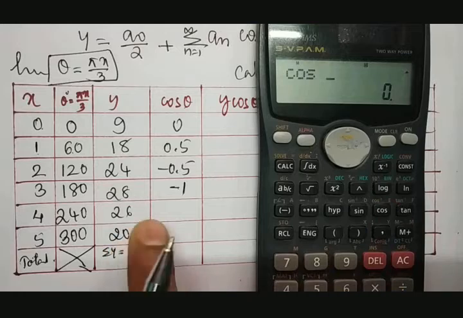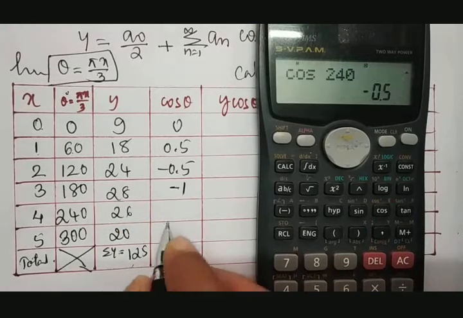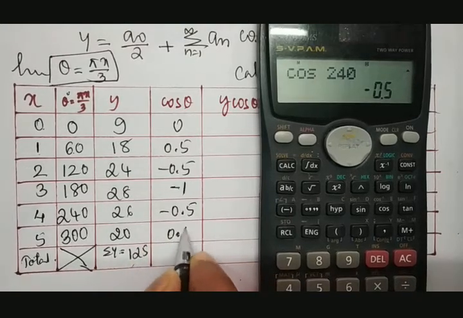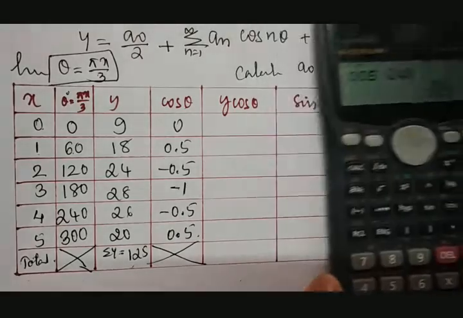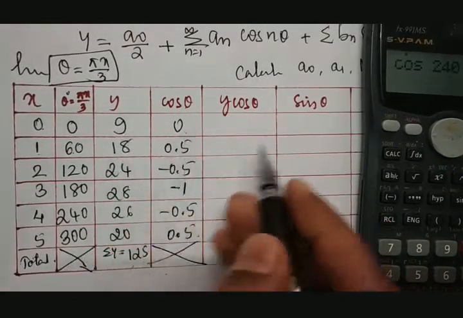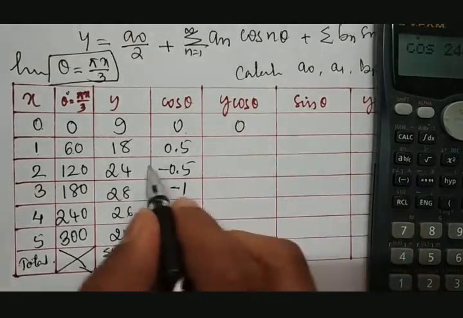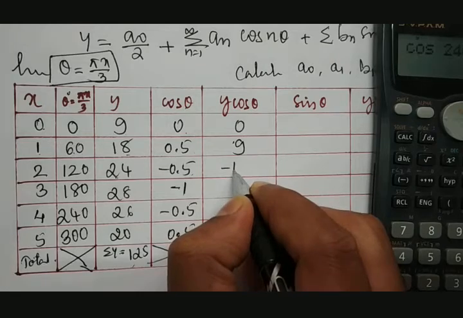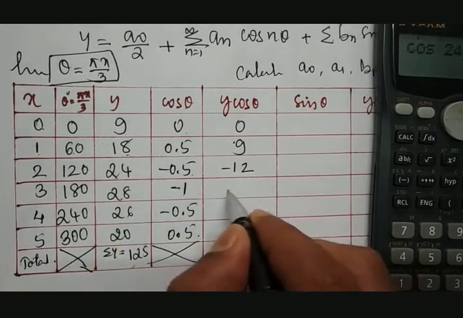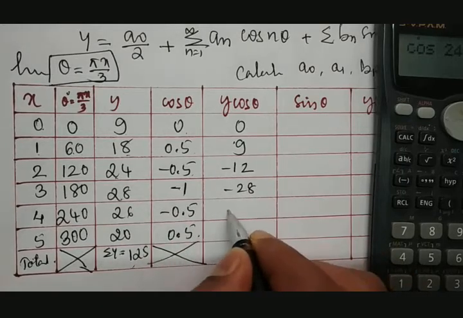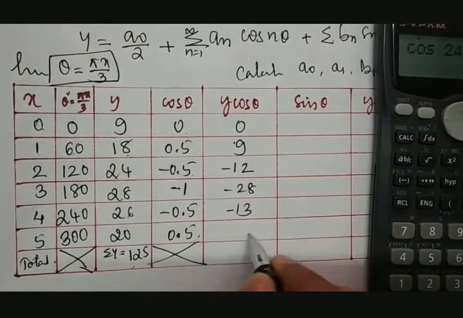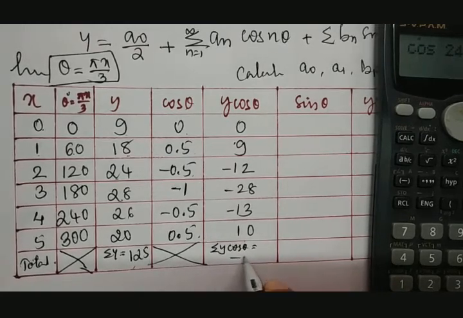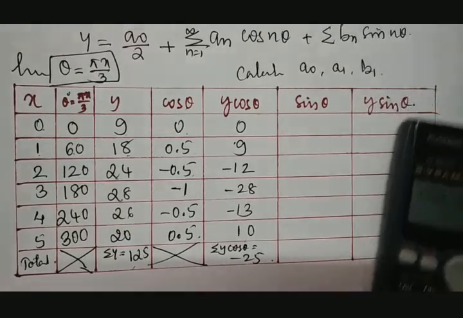Then cos 240 is minus 0.5. Cos 300 is 0.5. Its summation is not required. Then y into cos theta. So 9 into 1 is 9. Then 18 into 0.5 is 9. 24 into this is minus 12. Then 28 into this is minus 28. Then 26 into this is minus 13. Then 20 into this is 10. And summation of y into cos theta is equal to minus 25.